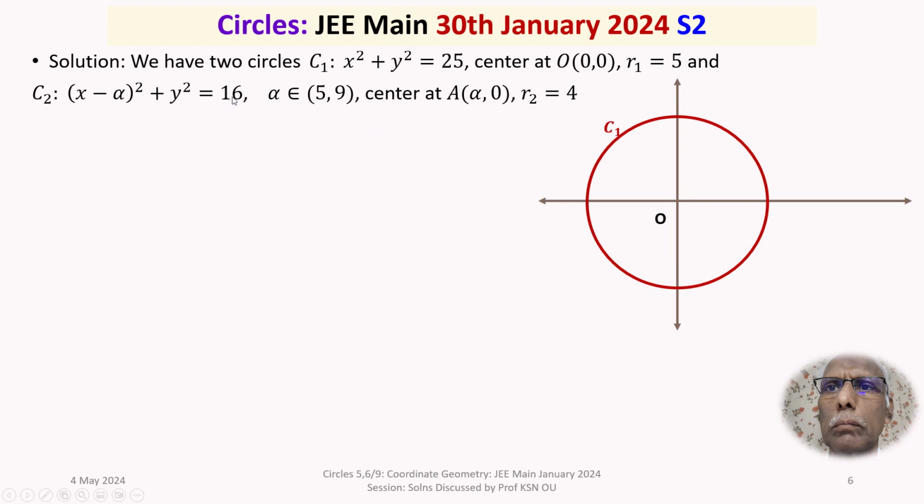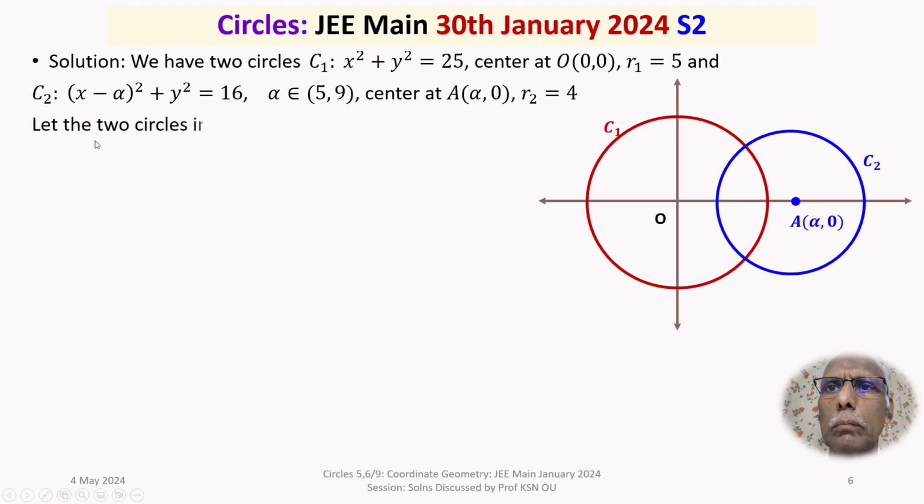And R2 squared is 16, which is 4 square, so R2 is 4. So we have the second circle, and the center is at A, whose coordinates are alpha, 0. Let the 2 circles intersect at the points B and C.